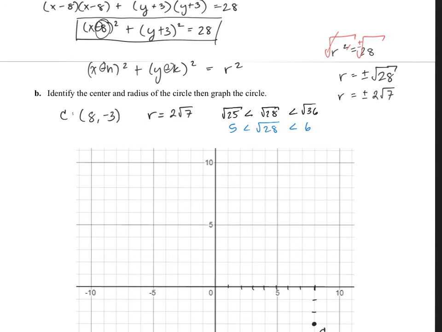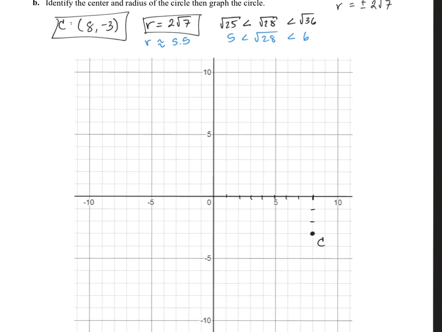It's a little closer to 25 though, so I'm going to write r is approximately, for graphing purposes, 5.5. Let's just be approximate here. Now notice, this is for graphing. You would not box that as your final answer. This is your answer, because this is the actual one. This is just the approximation for graphing.